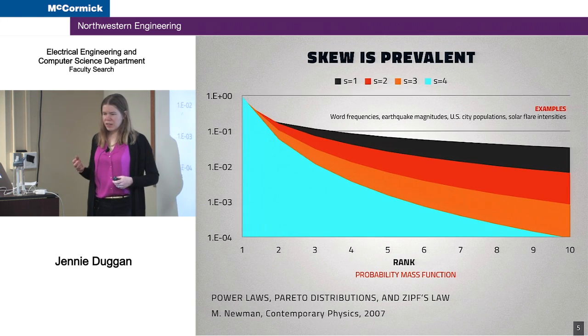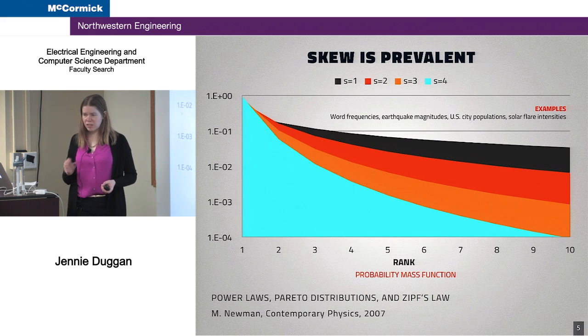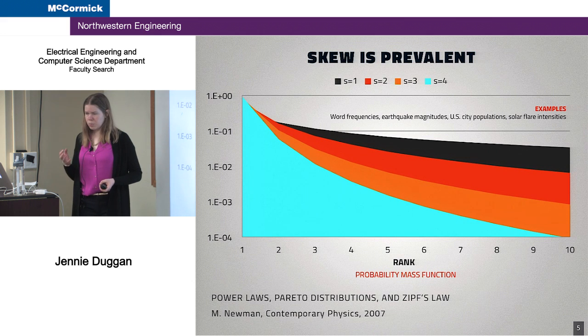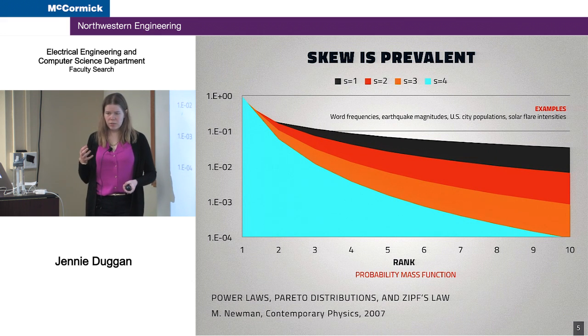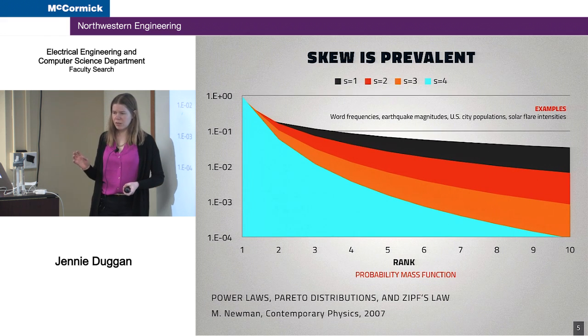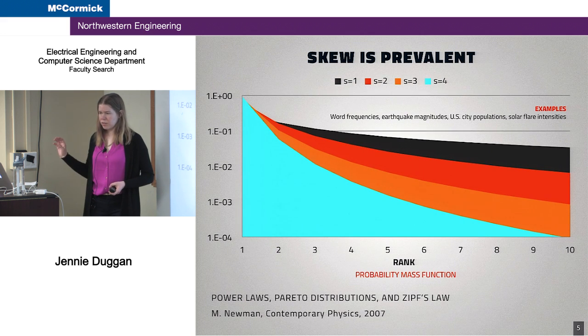Another feature of science applications is that skew is very prevalent. The stars are not evenly distributed through the skies. Whales migrate in pods, and people congregate in cities. And this Zipfian or power law distribution is found in virtually every scientific discipline. So when we think about this in terms of arrays, this means that parts of the array might have a lot of samples, and others may be very sparse.